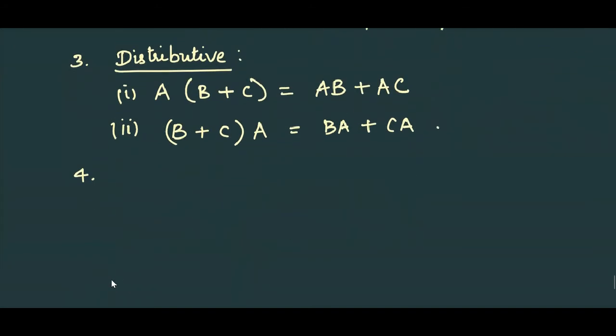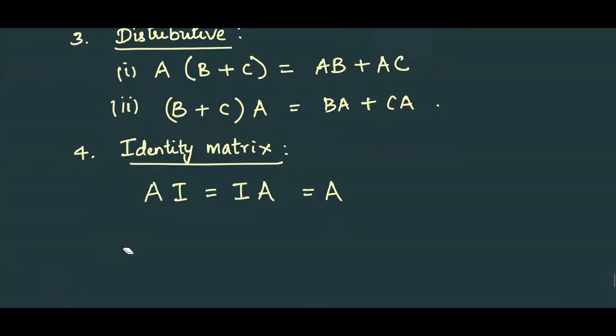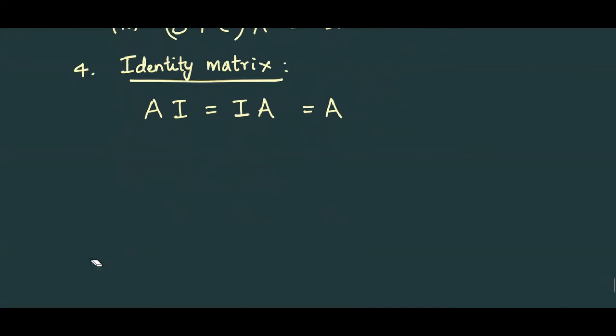Then identity matrix. A into I is I into A, which is equal to A. If A is n by n, suppose it is [1 0; 0 1].